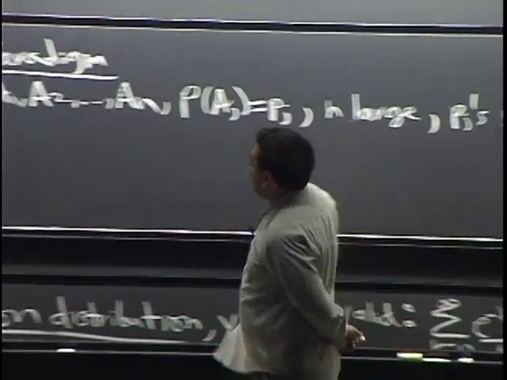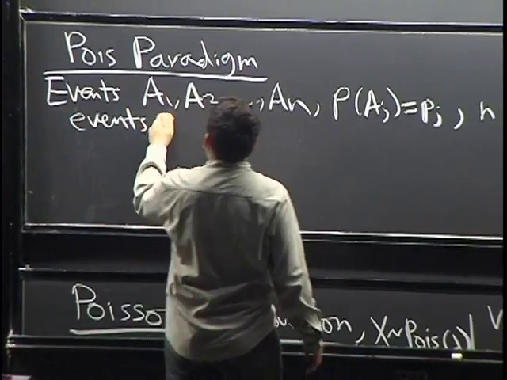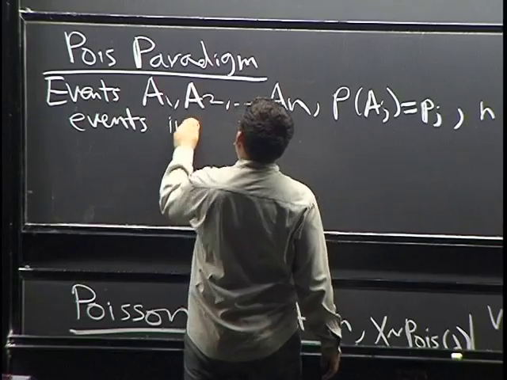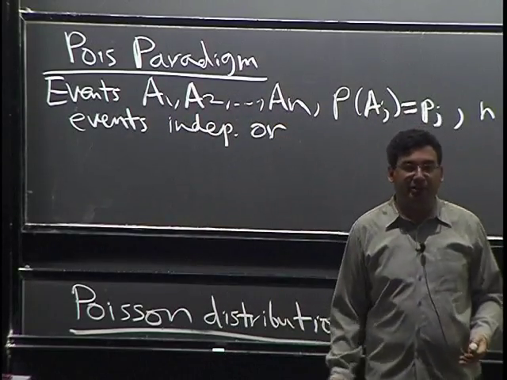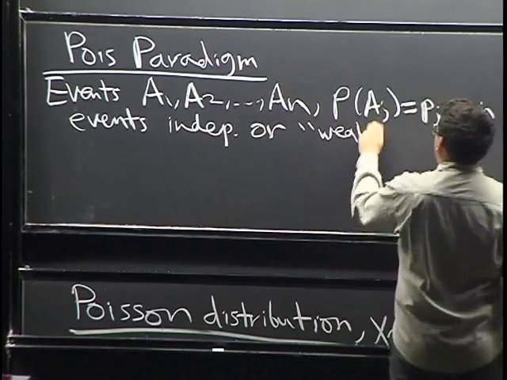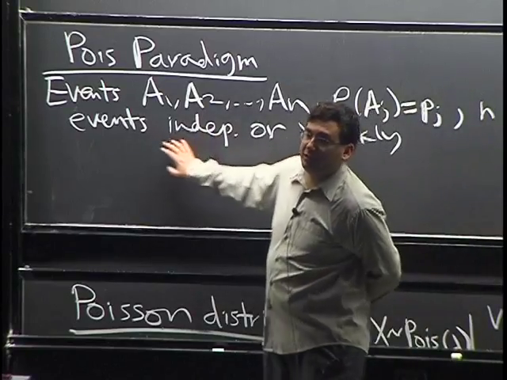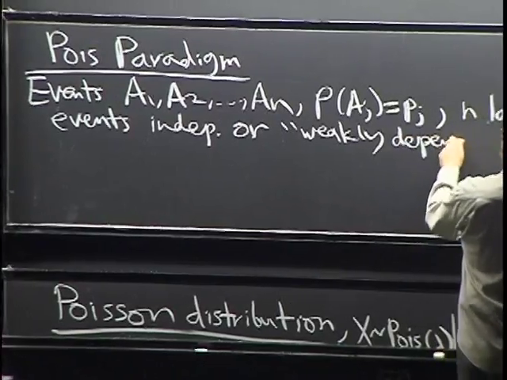The nicest case is where the events are independent, but actually this result is even more general, so they could be weakly dependent. It's very difficult to mathematically define weakly dependent.